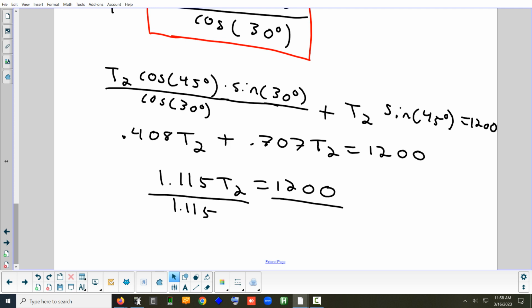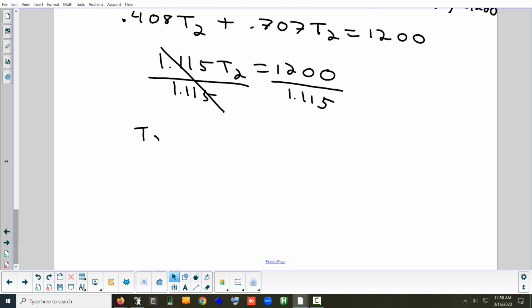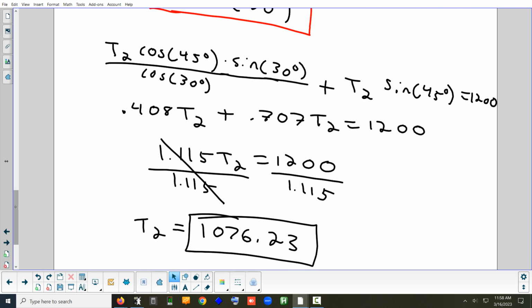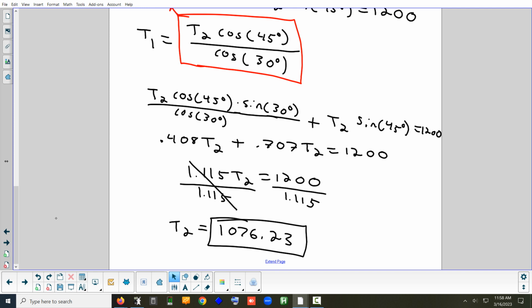And what do you get when you divide by 1.115? 1076.23. All right. So that's the amount of tension in cable 2. And now, what do we do with that? Bring it back right there. And that would be the tension in cable 1. That's the easy part. Just plug all that in on your calculator and you can find what that is.